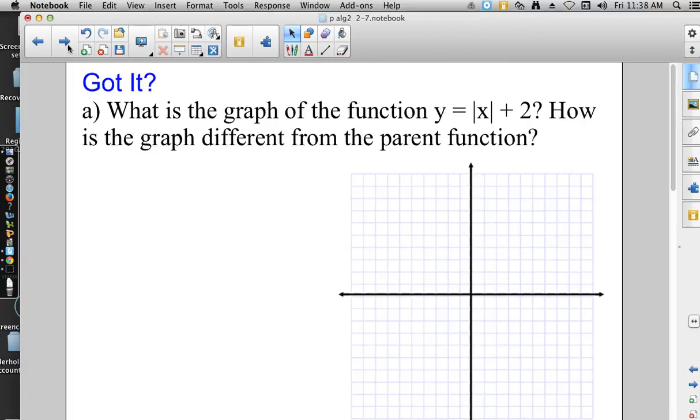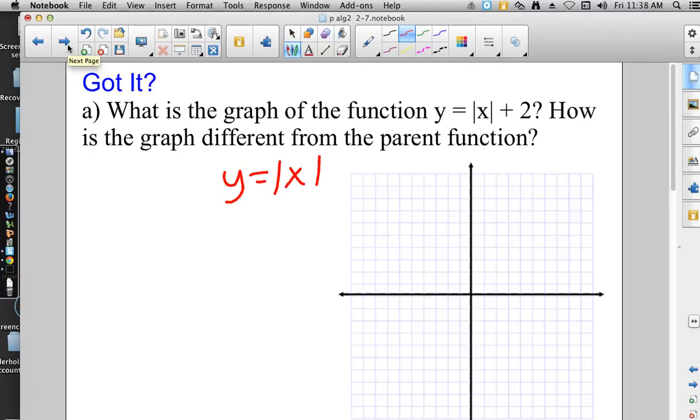That's not where I start. I start with my parent function. 0, 0, 1, 1, 2, 2, 3, 3, 4, 4, and equal but opposite on the other side. Not solid, dashed or dotted.